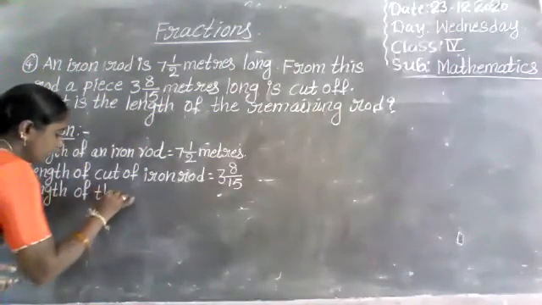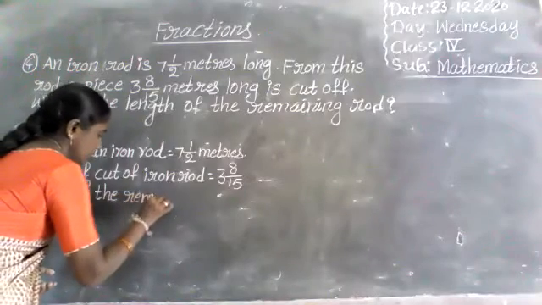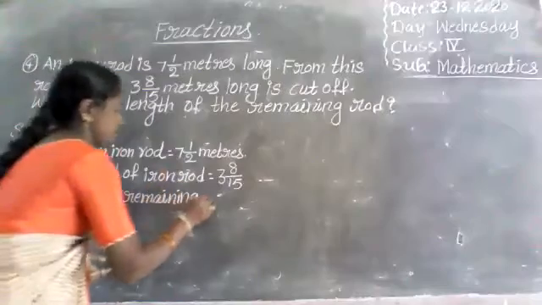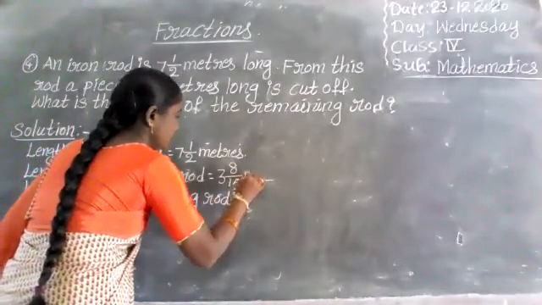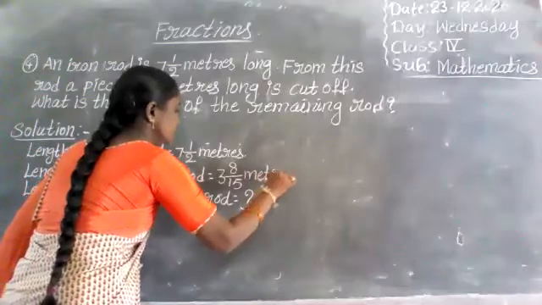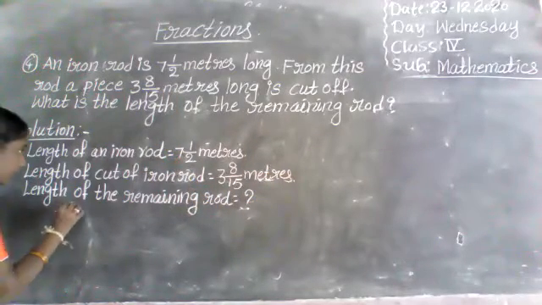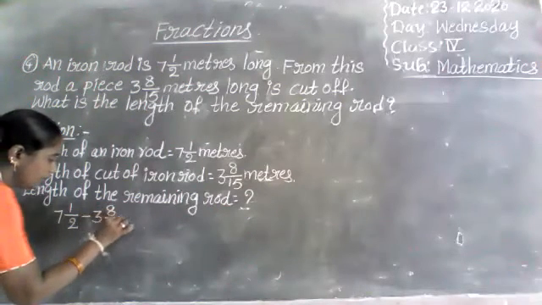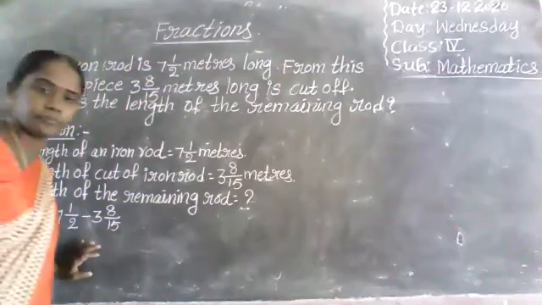Length of the remaining rod, meters: 7 whole 1/2 minus 3 whole 8/15. Subtract these fractions.